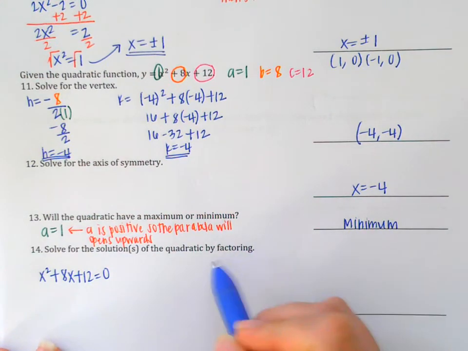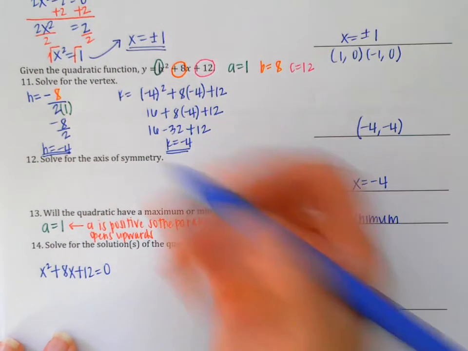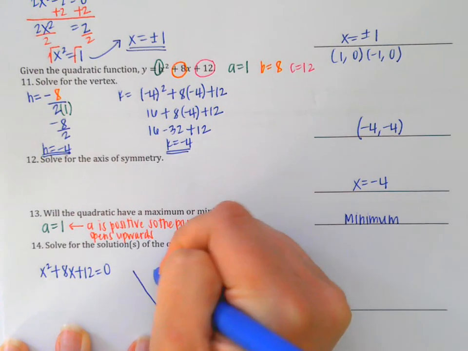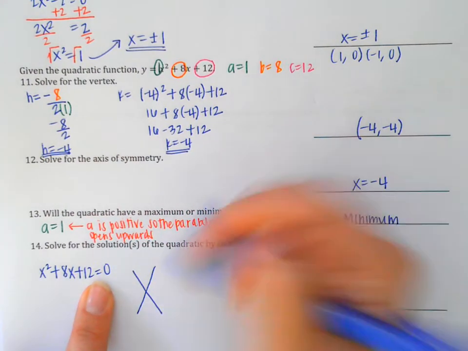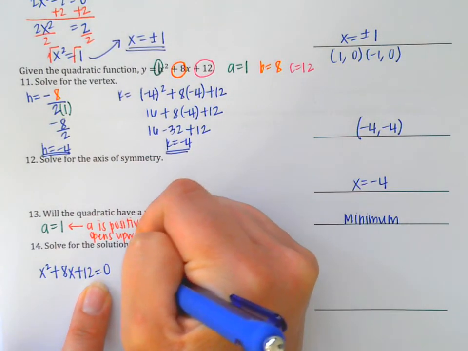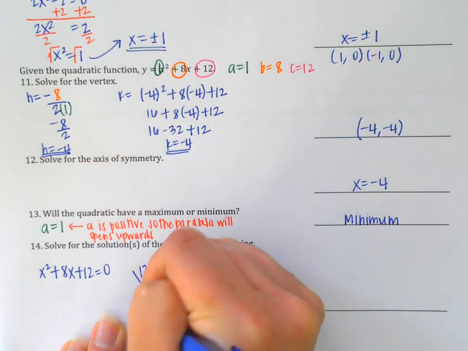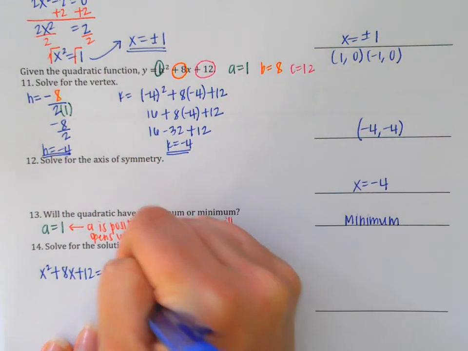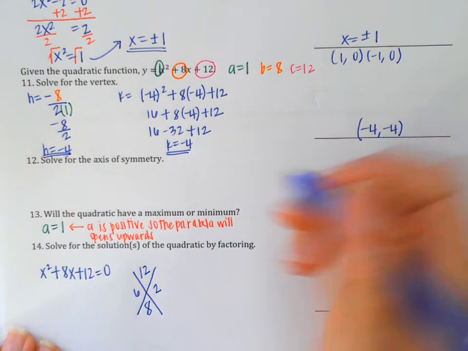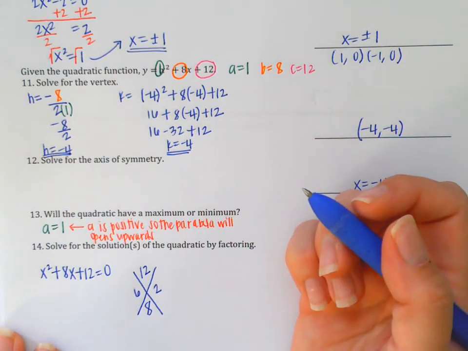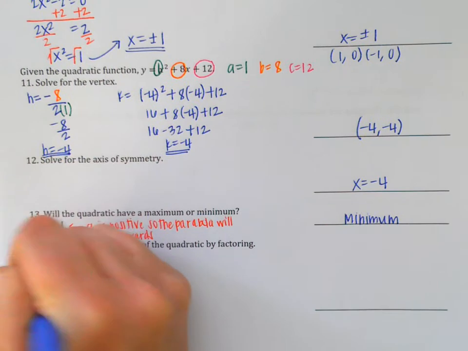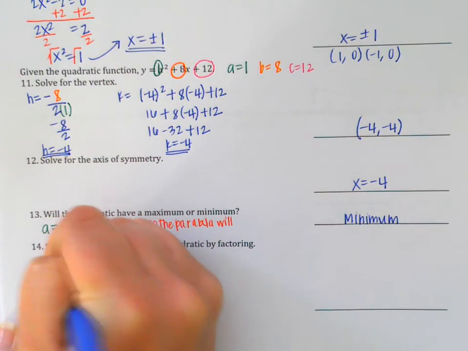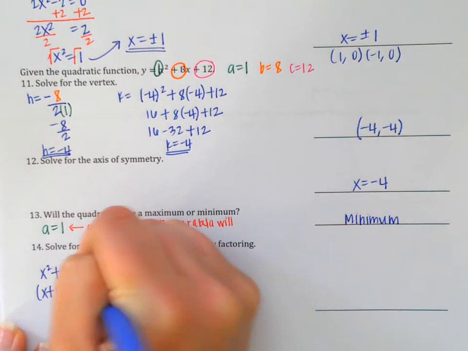Now it says solve by factoring, so that means we're going to set up our x, a times c, so 1 times 12 is 12, and then b goes in the bottom. So we're thinking, what two numbers multiply together to get me 12 and add to get me 8? And if you're thinking 6 and 2, you would be correct. We can use the shortcut here because a is equal to 1, so I can just go straight to x plus 6 times x plus 2.